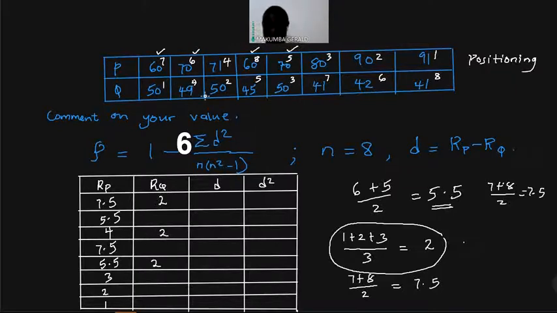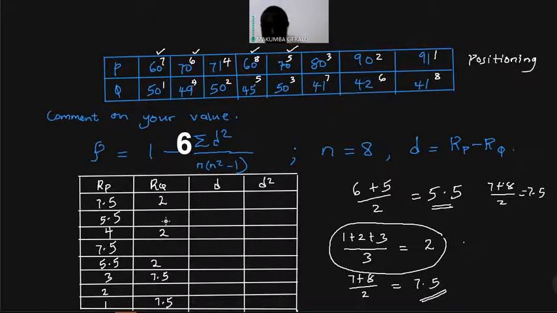We go to the 41s because they are also appearing twice. They have positions 7 and 8, so their rank becomes 7.5. We look out for those positions. This is 7.5 there, and 7.5 there.